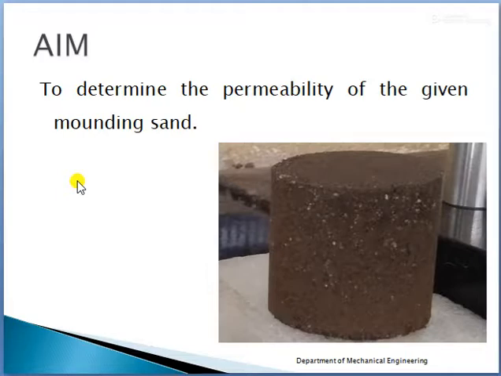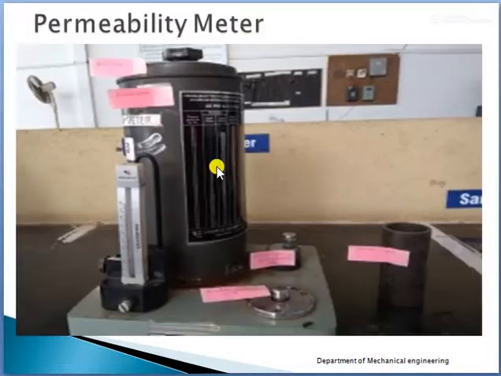And here the permeability of the sand sample is tested by means of an apparatus called a permeability meter. This is the apparatus through which you are going to find out the permeability number.